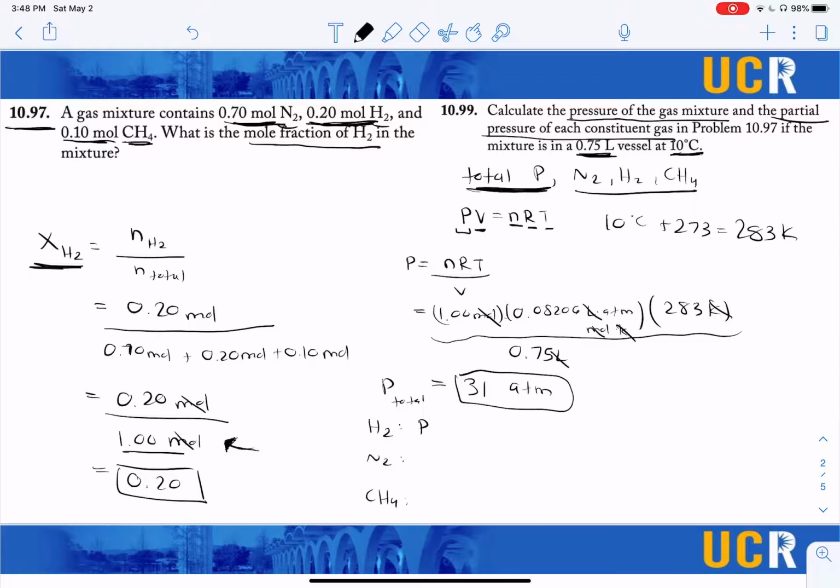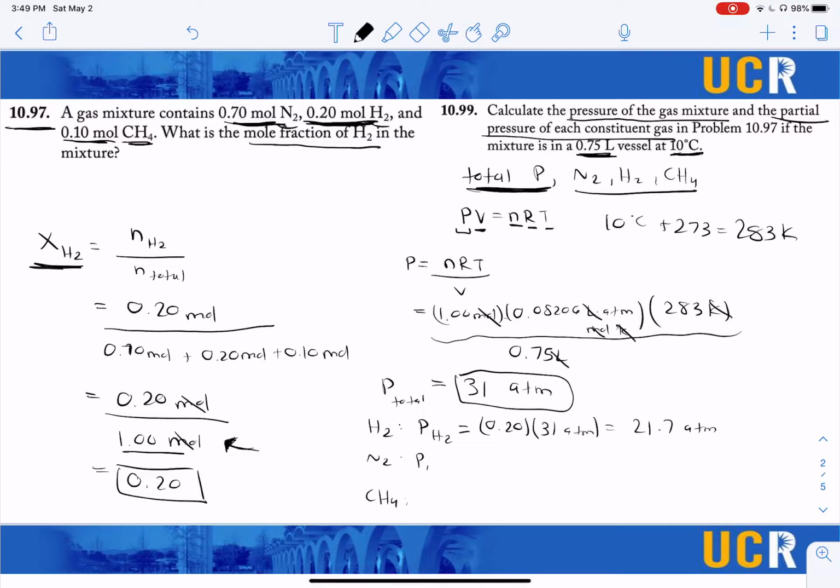The pressure of H2 is going to be equal to its mole fraction, which is 0.2 because we just calculated it, times the total pressure, 31 atm. If we do this calculation out, you get a value of about 21.7 atm.